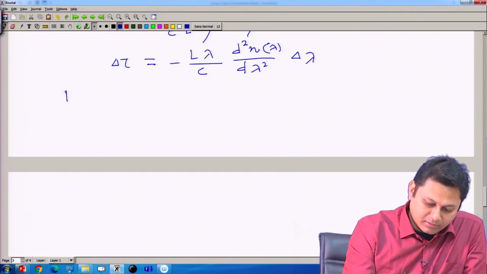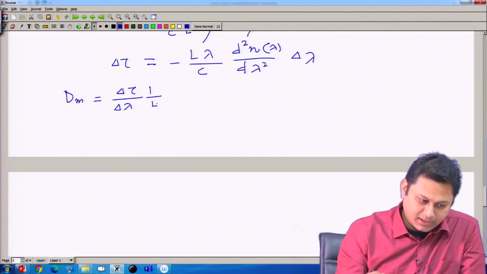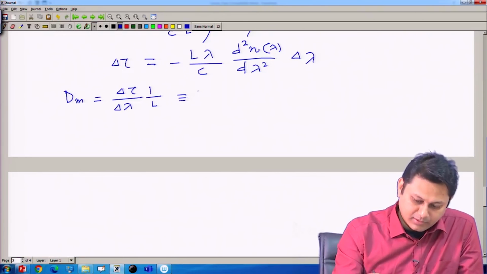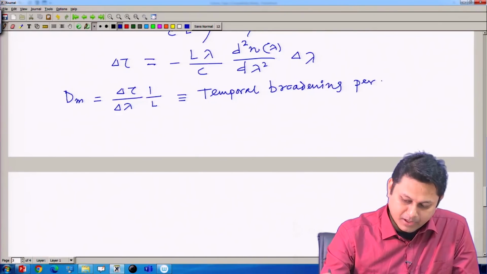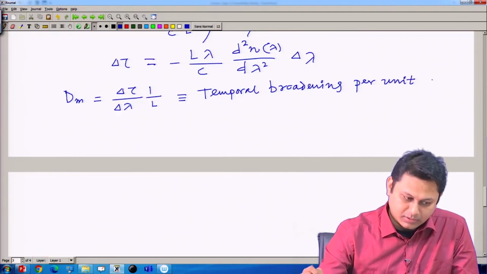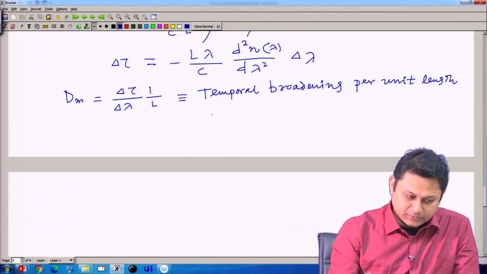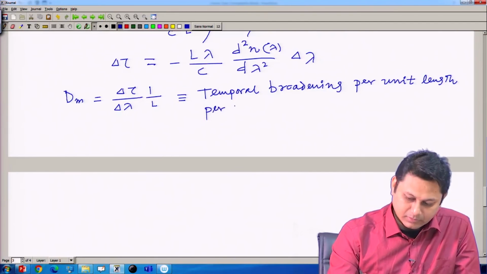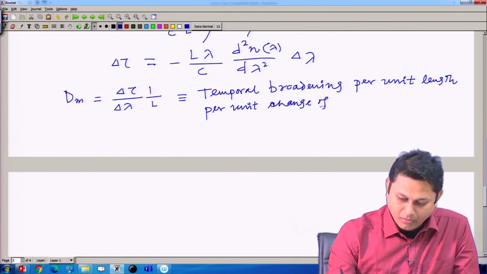Well, I can define something like D, which is delta tau divided by delta lambda L. This quantity is nothing but the temporal broadening per unit length per unit change of wavelength.